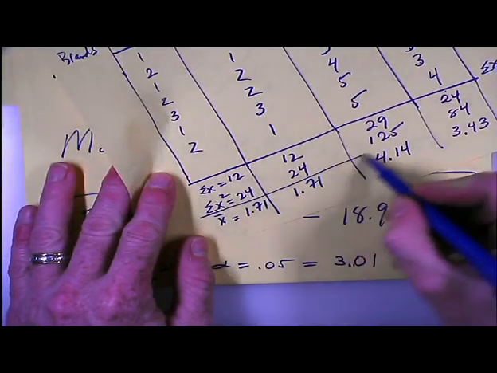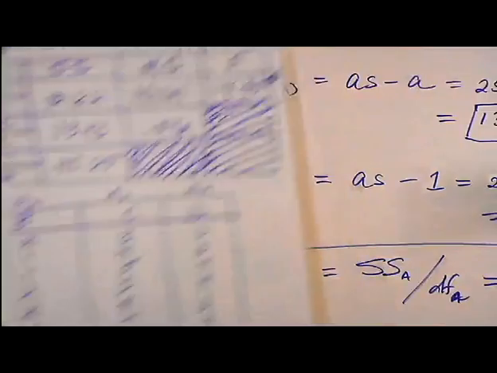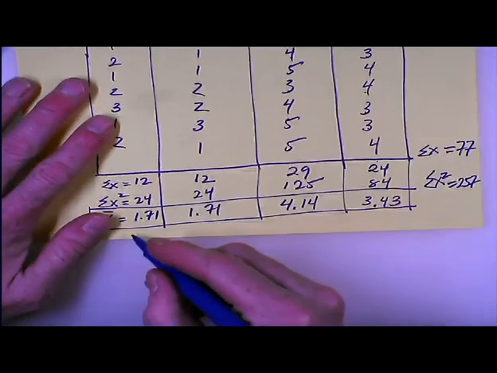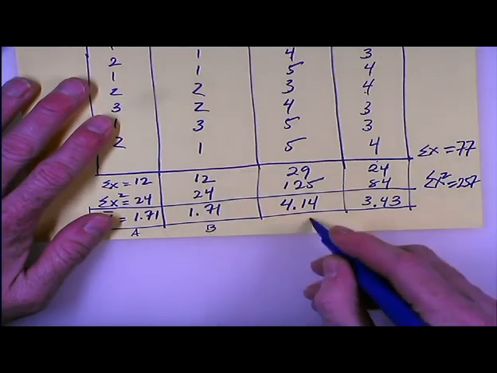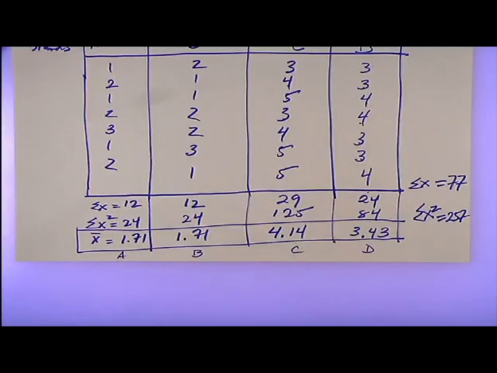All right. So we know that there's a significant difference between these means somewhere. And now what I want you to do is look at your data here. And if we were to guess which brands were different from each other, okay, here's brand A, brand B, brand C, and brand D, okay. Let's think about this. Well, under which brand did they gain the most weight? Okay.